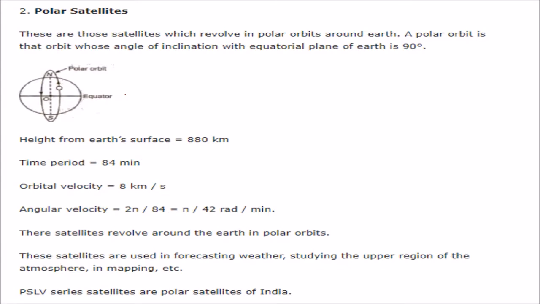Polar satellite. As we just saw, the geostationary satellites move on an equatorial orbit like this. The polar satellite, on the other hand, if these are the poles, will move around this way.